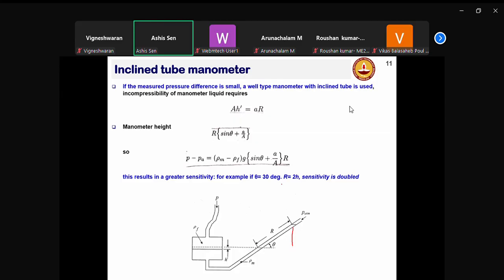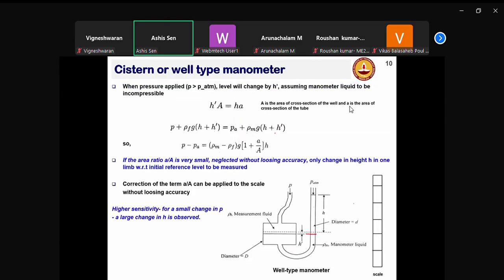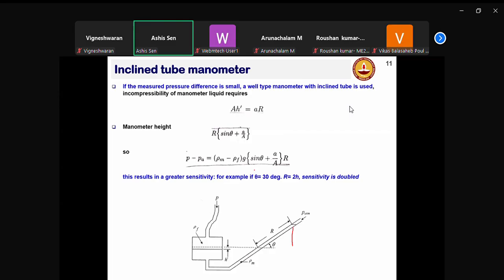Okay. So in this case, this H becomes R sine theta. So you have R into sine theta into a by A. Okay. So P minus PA will be (rho M minus rho F) into G into sine theta a by A into the R. R is along the length.